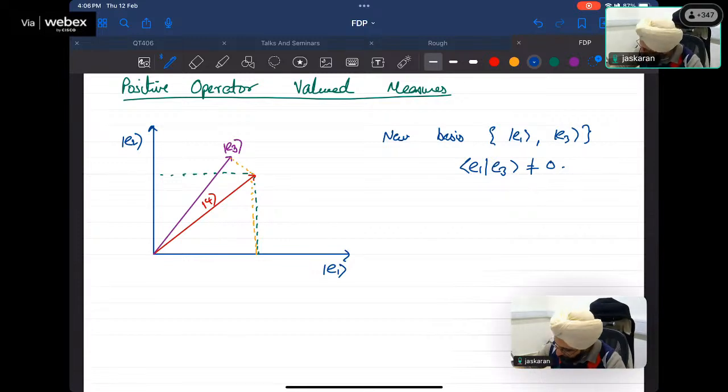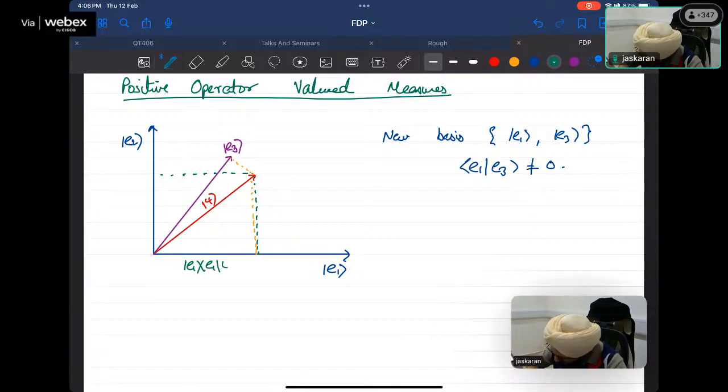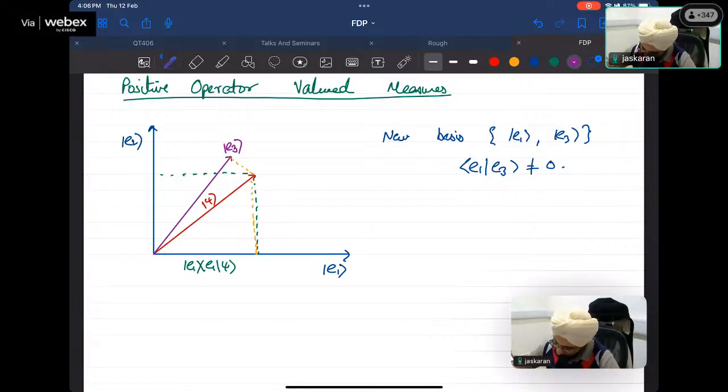As before, the projection vector that we get in this case is denoted by E1 acting on ket psi, and when we have ket E3 as our second basis element, we will have the projection as E3 acting on ket psi.